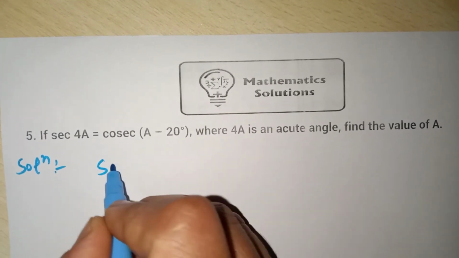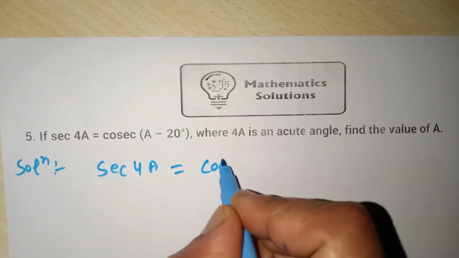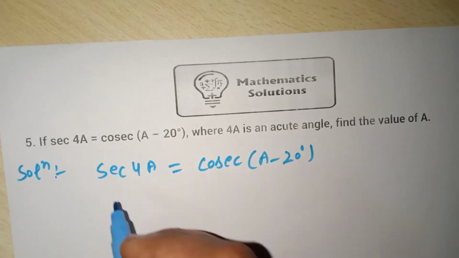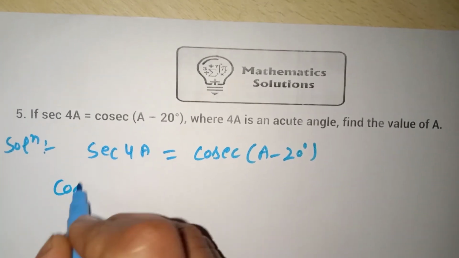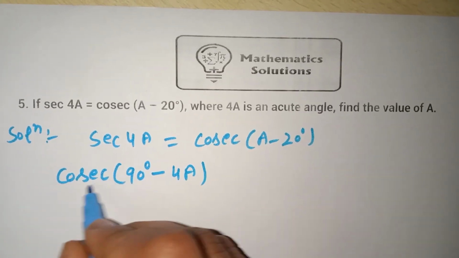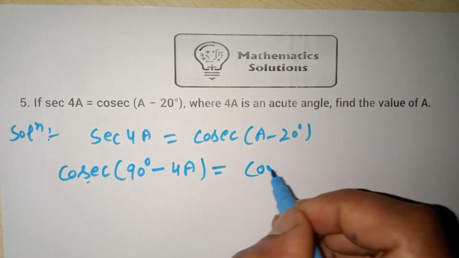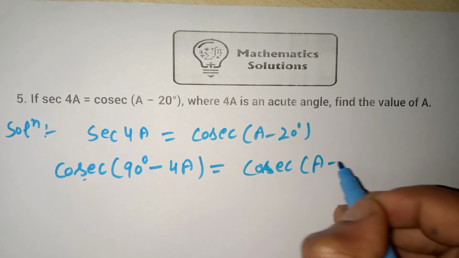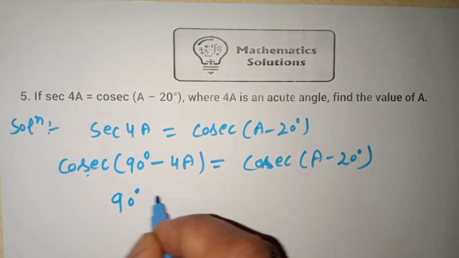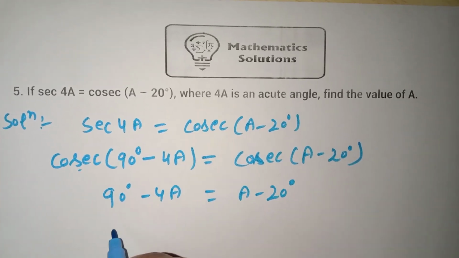So if sec 4A is equal to cosec(A minus 20 degree), then find the value of A. Now secant can be written as cosec(90 degree minus 4A), because cosec(90 degree minus theta) is equal to sec theta. Trigonometric ratios of complementary angles. Now comparing the like quantity, we get 90 degree minus 4A is equal to A minus 20 degree.